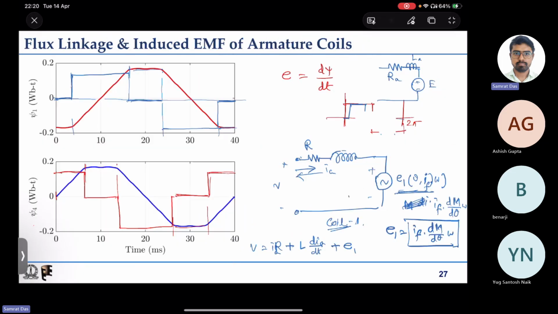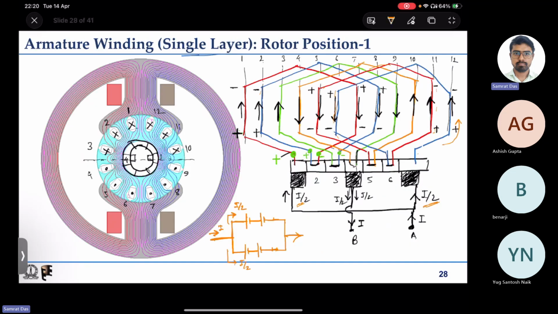So say this induced EMF is 100 volt, and all the induced EMFs will be of the same magnitude, whether they are positive or negative. So say this is 100 volt, this is 100 volt, so the total induced EMF will be 200 volt, and the same thing will come in parallel.